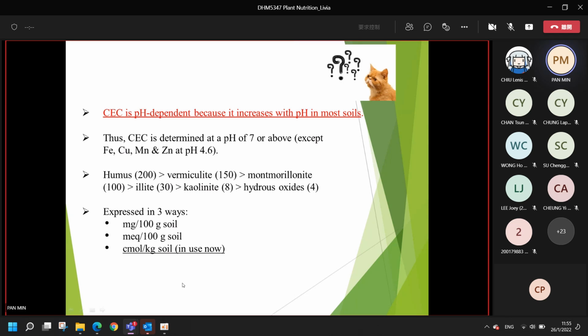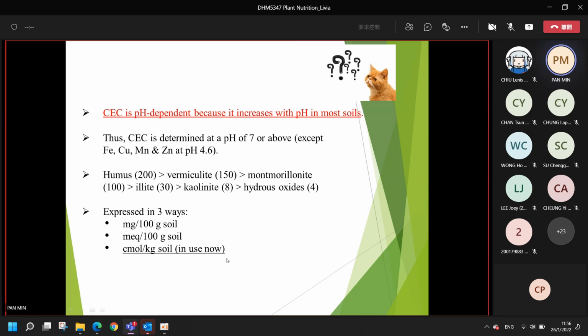It can be shown as milligrams per 100 gram soil, or as milliequivalents per 100 gram soil, or the most common expression is centimoles per kilogram soil.